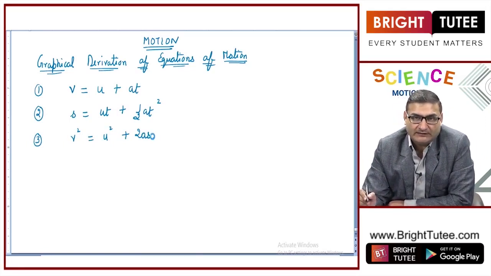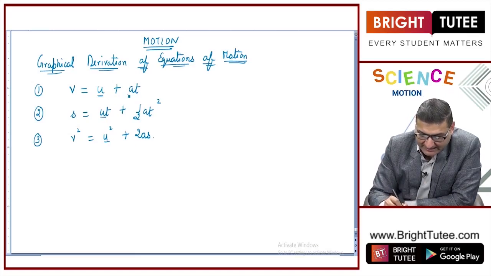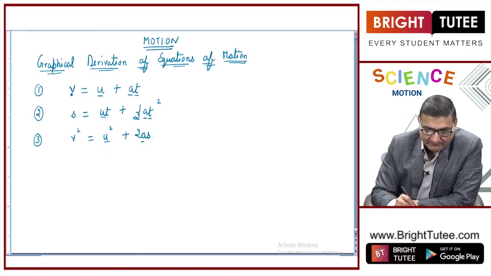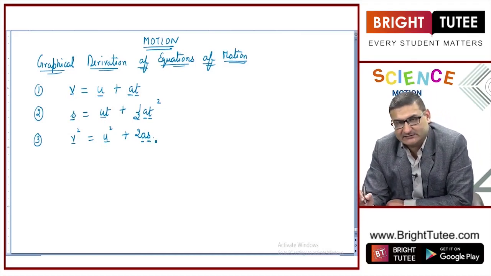And we know the meaning of each alphabetic representation used here: small u represents initial velocity in all three equations of motion, small a represents acceleration, small t represents time, v is used for final velocity, and s is used for distance.